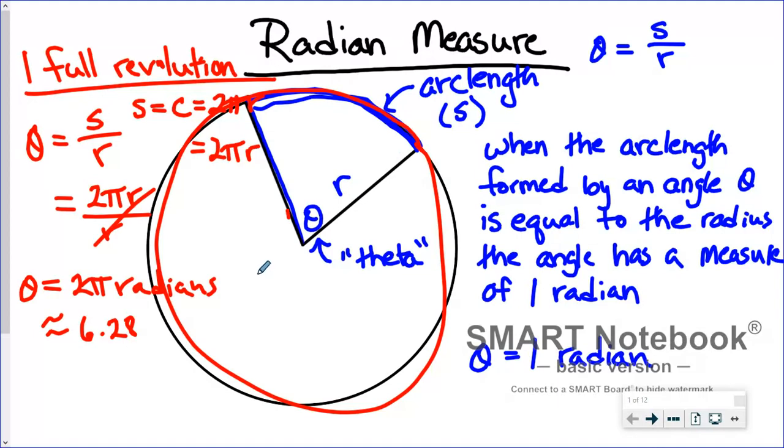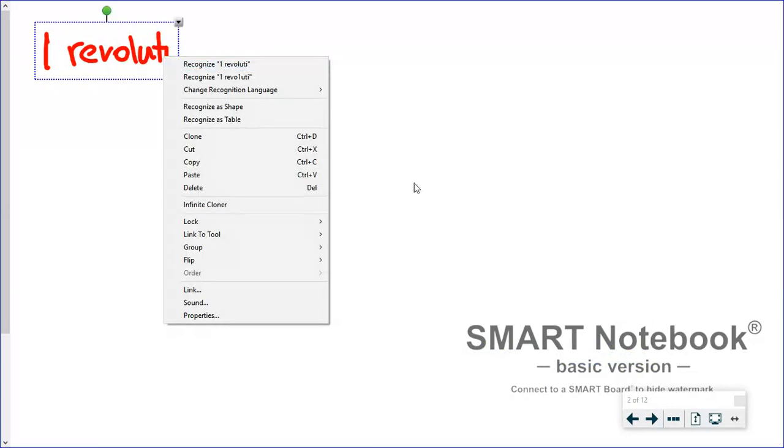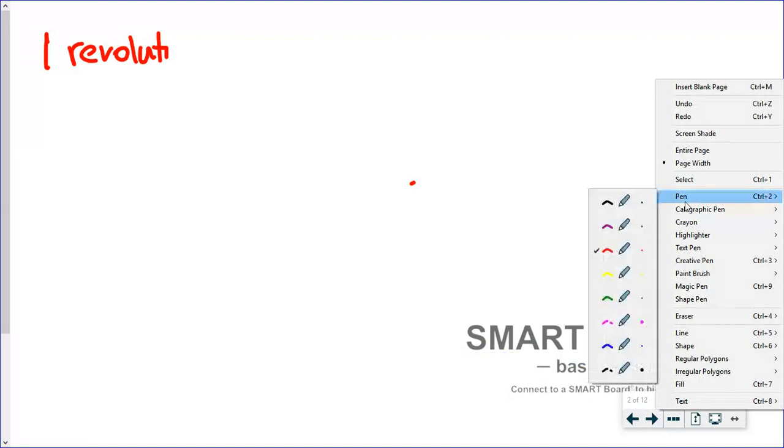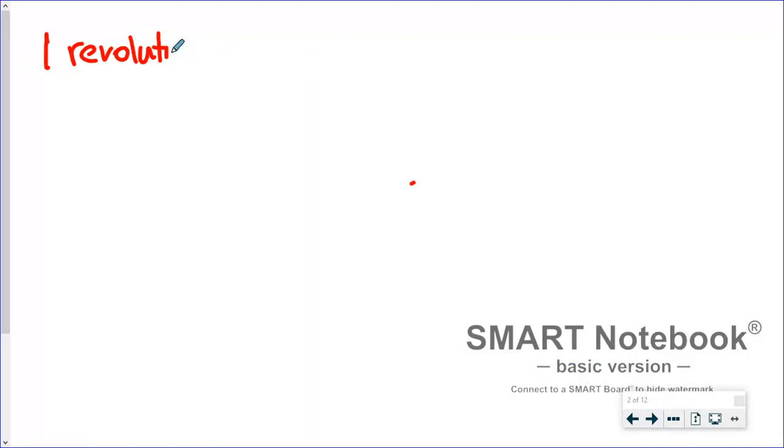Okay. So we know that one full revolution, let's move on here. One revolution is equal to 2 pi.